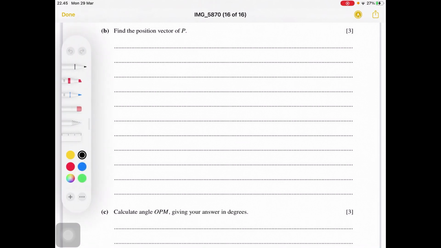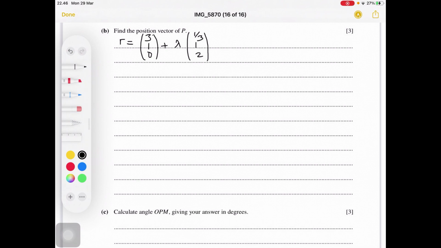It is r is equal to (3, 1, 0) plus lambda times (1 over 3, 1, 2).